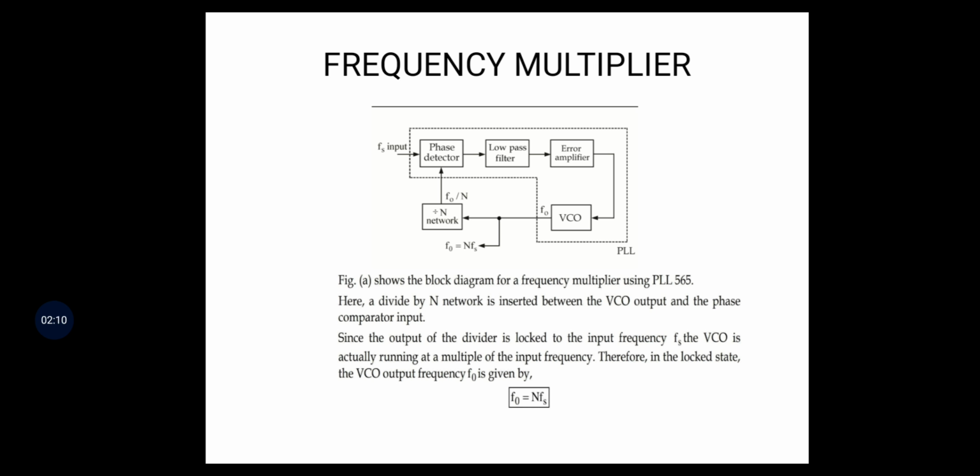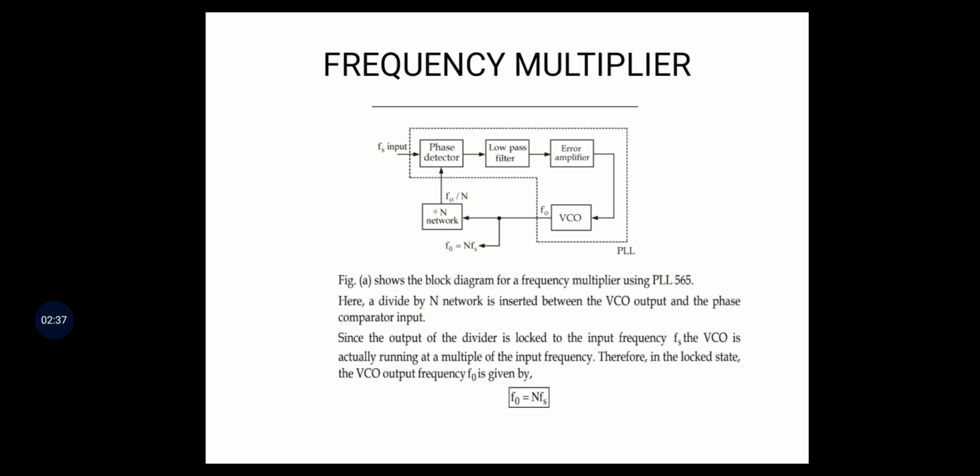Here there is a divided by N network. The output of the divided by N network is F0 by N. Here in the slide, the figure shows the block diagram for a frequency multiplier using PLL 565.